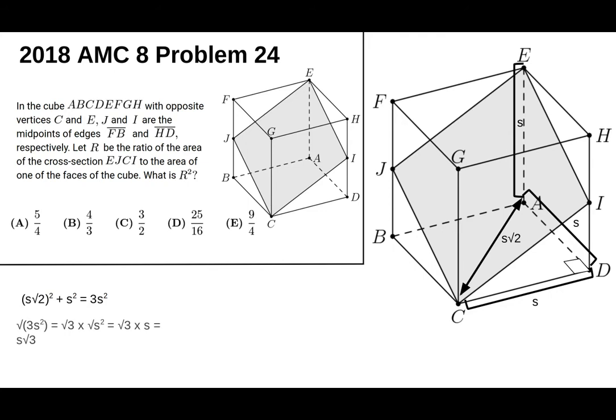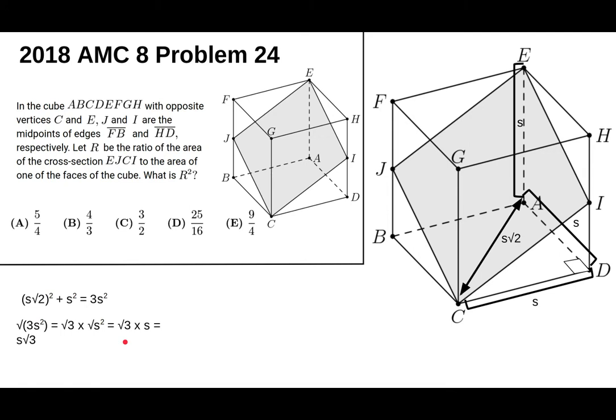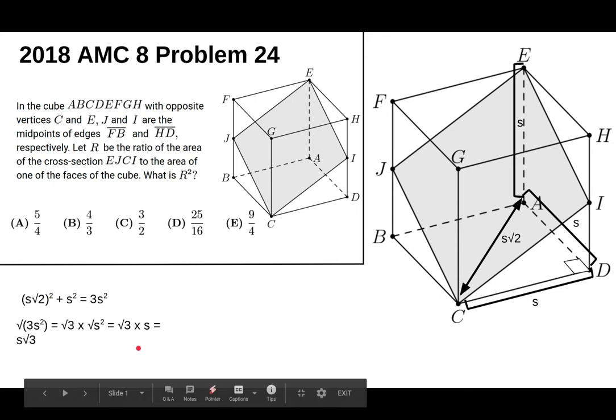The square root of 3S squared is root 3 times the square root of S squared, because a property of square roots is that if it's multiplication or division, you can split it up into different square roots. That is equal to the square root of 3 times S, because the square root of S squared is just S. So EC is S root 3.